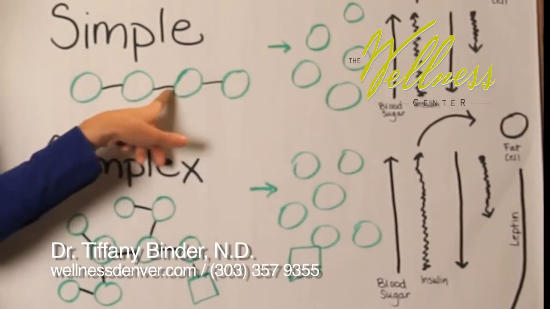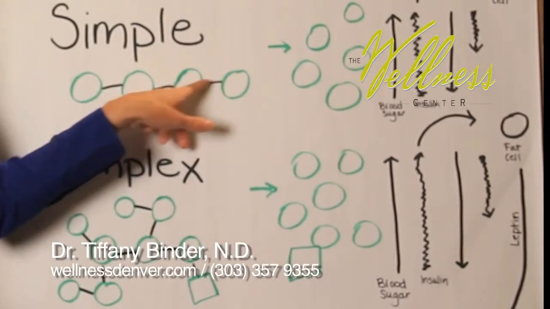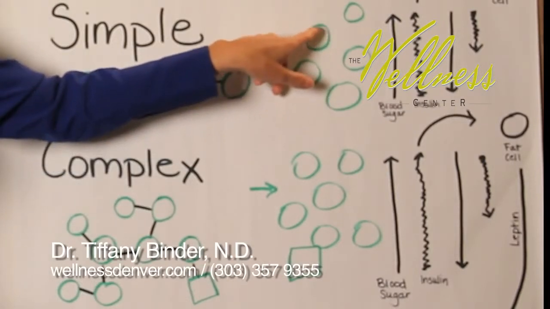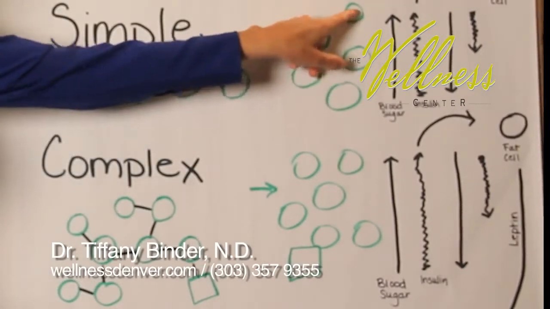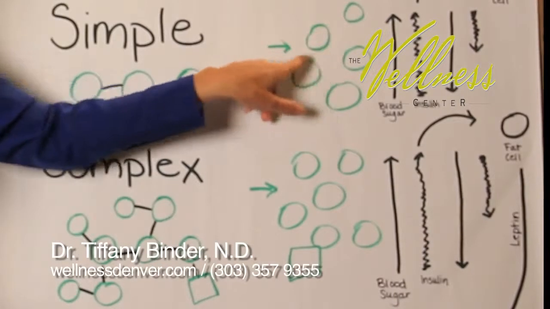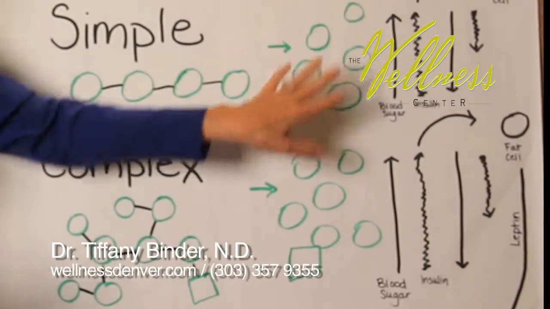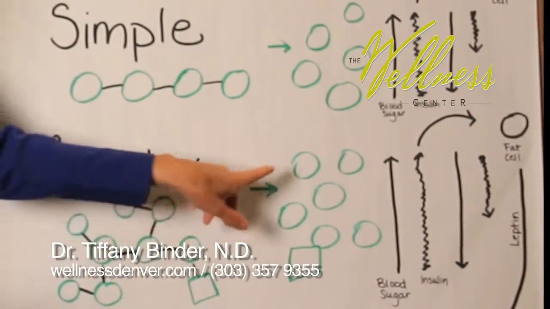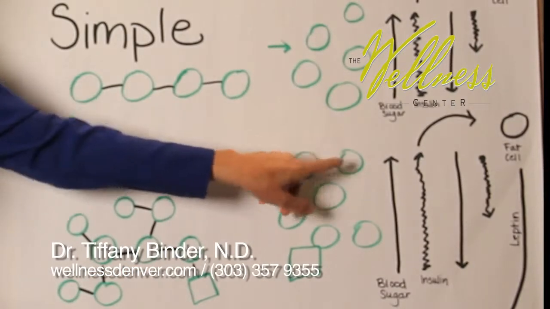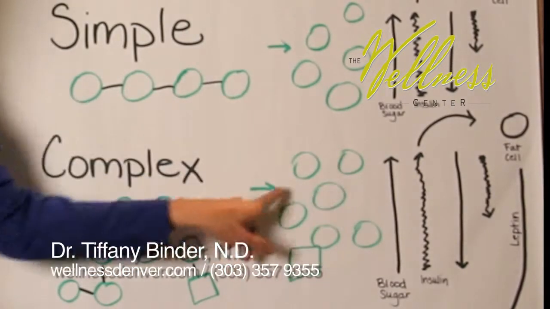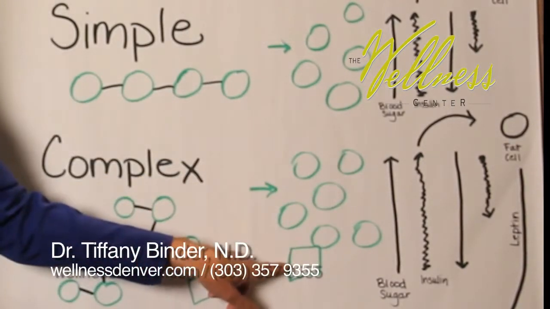Over here, this simple carbohydrate, white table sugar, is broken down into glucose and fructose. This is in the gut. And then this potato has broken down into sugar molecules, glucose, pure glucose, and maybe a fiber molecule attached if it had some potato skin on it.